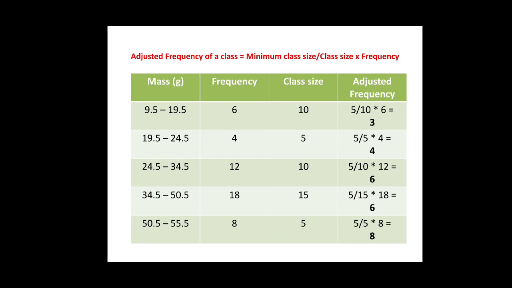So it is 5 divided by 10 multiplied by 6, which is equal to 3. So we get our adjusted frequency for the first class interval as 3. Similarly, we do it for the rest of the rows. So we have got our adjusted frequencies as 3, 4, 6, 6 and 8.